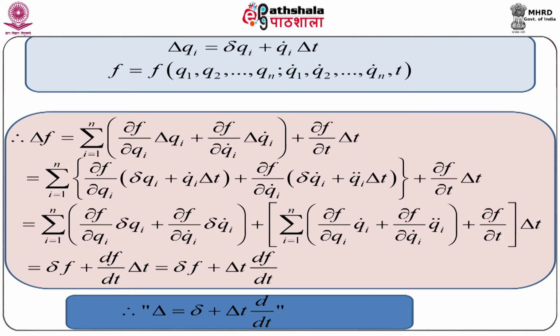So we finally have triangular delta f equals Kronecker delta f plus d/dt of small f into triangular delta t. Thus we can write the operator as triangular delta equals Kronecker delta plus triangular delta t into d/dt.